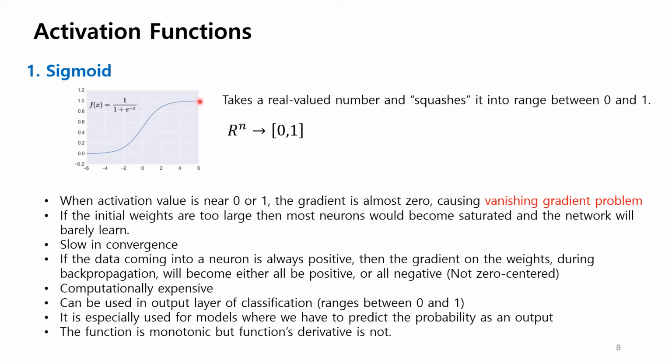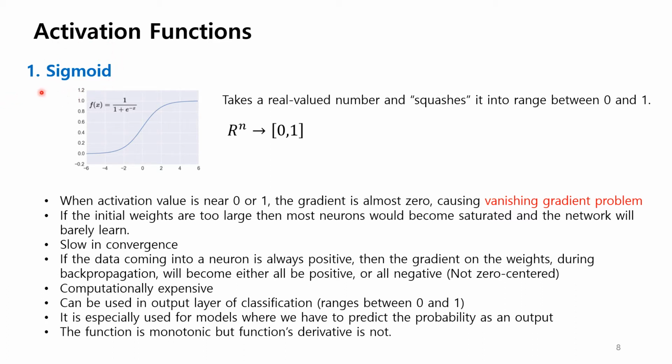Because this derivative is 0 around here and here, we have a problem called the vanishing gradient problem. We talked about the vanishing gradient problem in the introduction of deep learning. That's one of the biggest problems of neural nets with many layers. Because of the vanishing gradient problem, it doesn't make sense to add many hidden layers in a traditional backpropagation neural net, right? One of the reasons is because we use sigmoid.